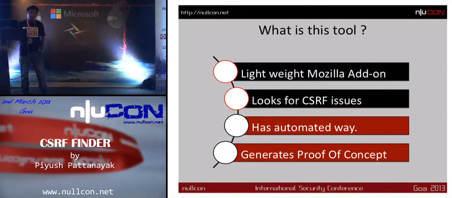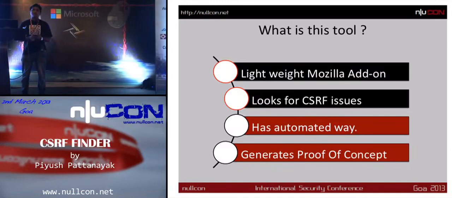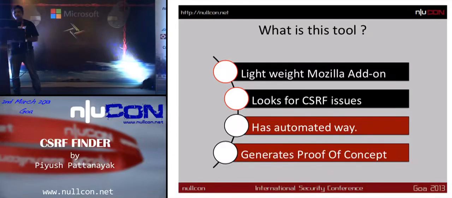So what is this tool? As I've already mentioned, it's a lightweight Mozilla add-on that looks for CSRF issues, and it has a partially automated way. I will not say it is fully automated. It has a partially automated way of finding CSRF with a certain level of user intervention, which I will be demonstrating in detail in the demo part.